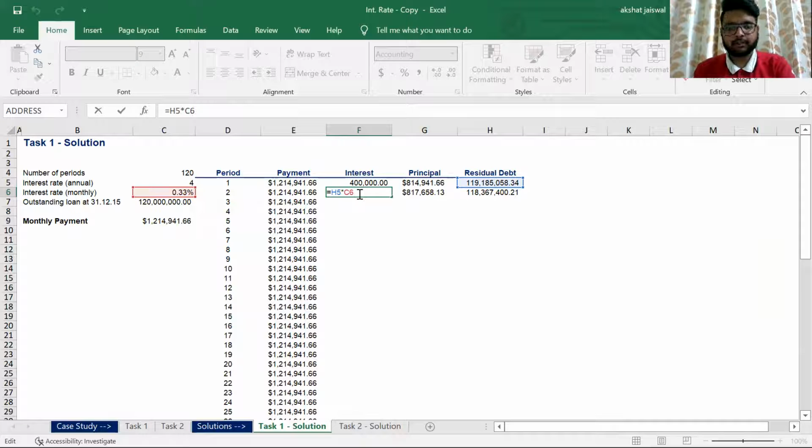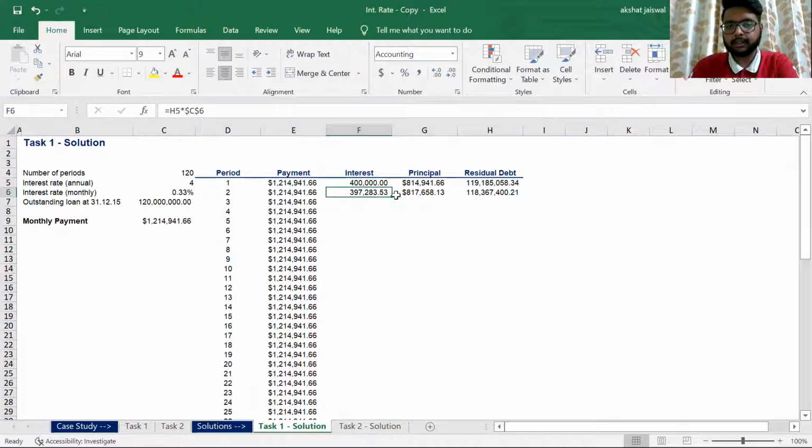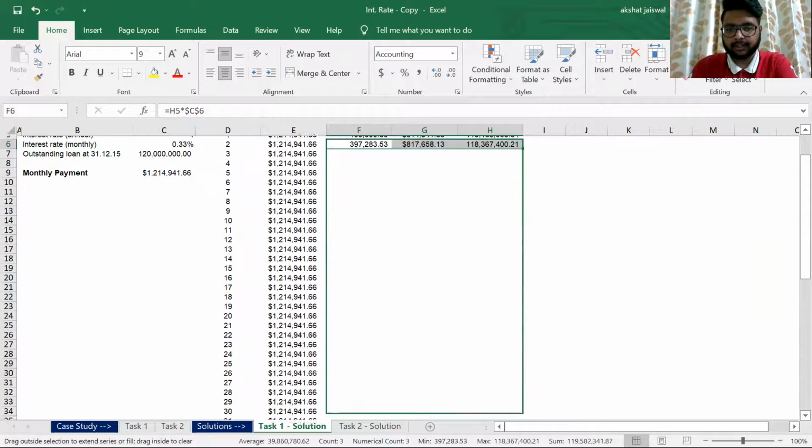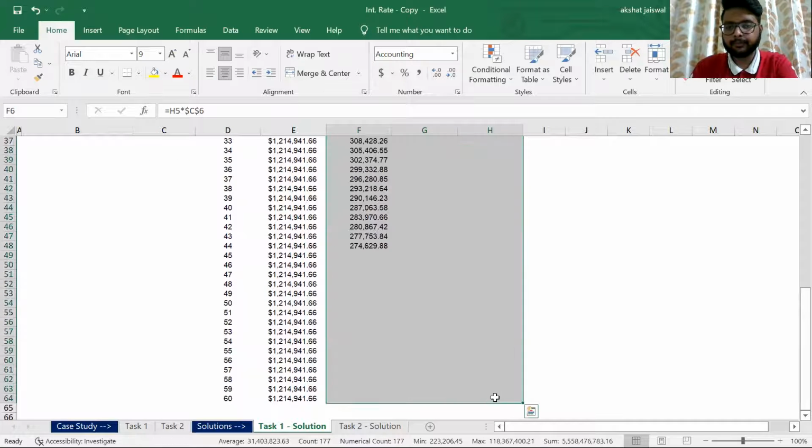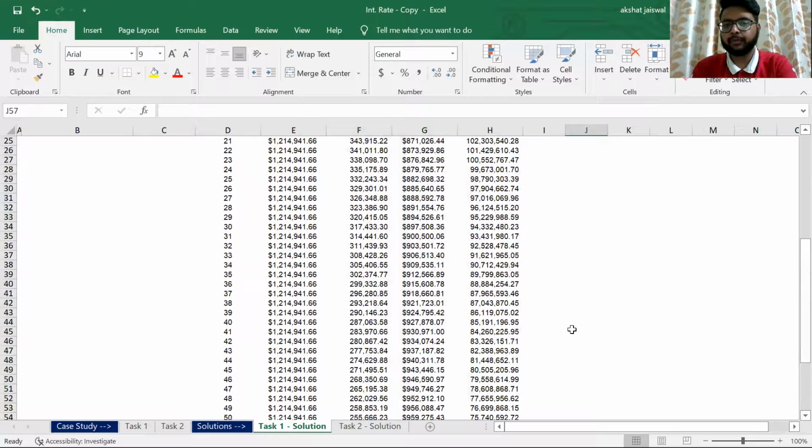The function we use is F4 to make it constant, and then click enter, select the row and just drag it down. Here you go. You got your value.